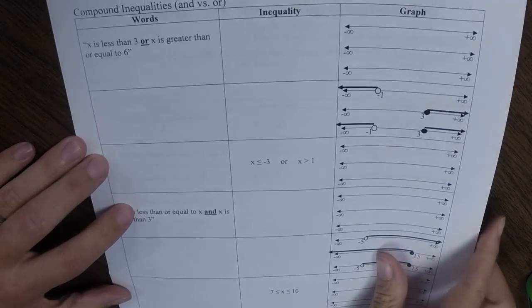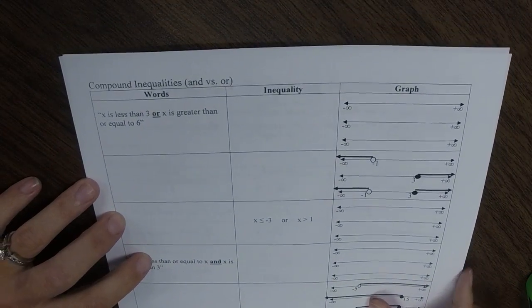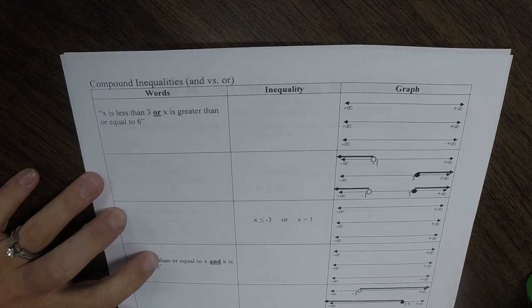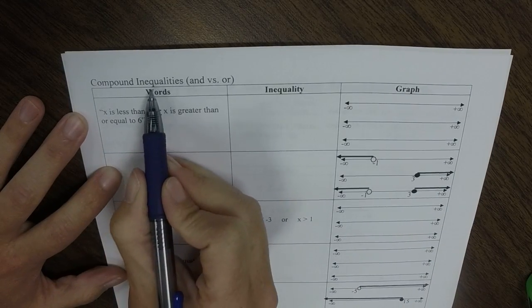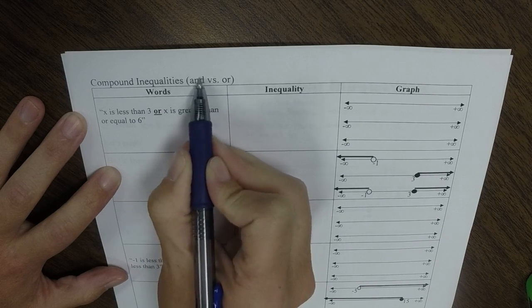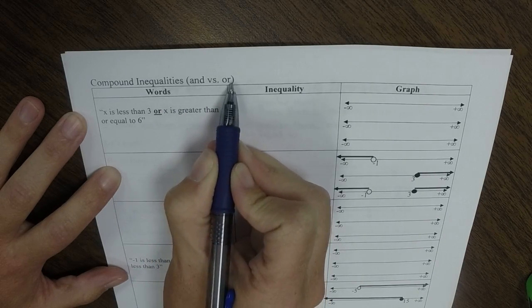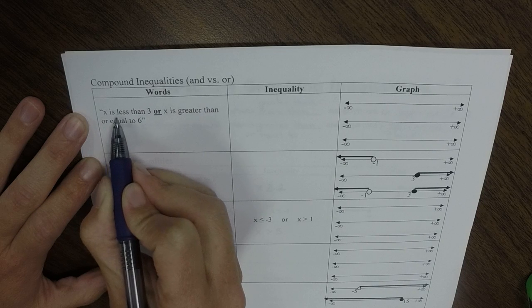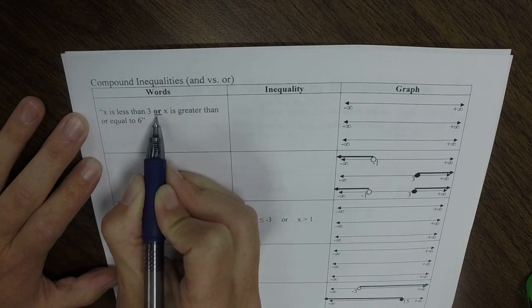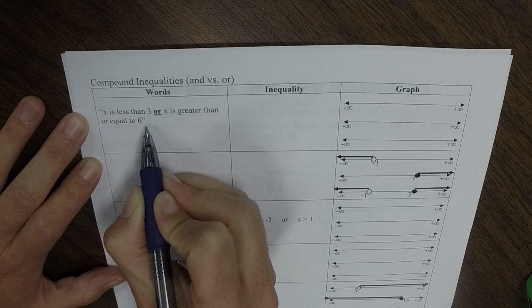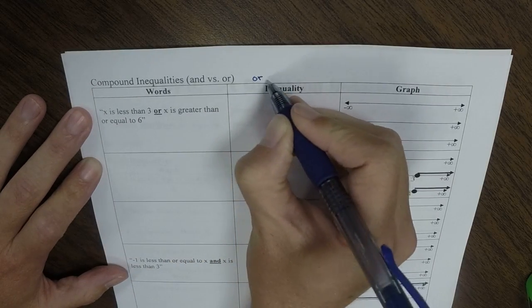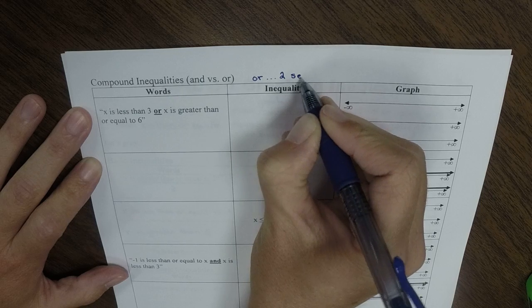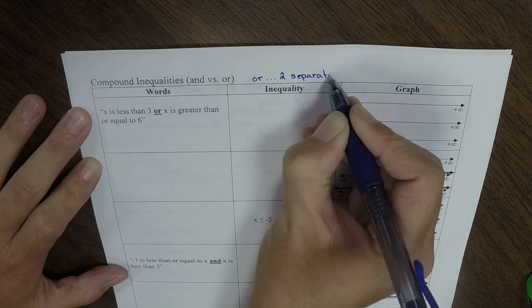Let's go ahead and flip over onto the back where we're going to work on some combinations. So here is compound inequalities, meaning we have either the word and or the word or. So here this says x is less than 3 or x is greater than or equal to 6. Well, if it says or, that means we're going to have two separate inequalities.